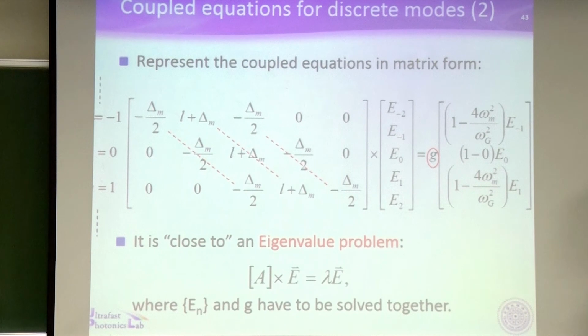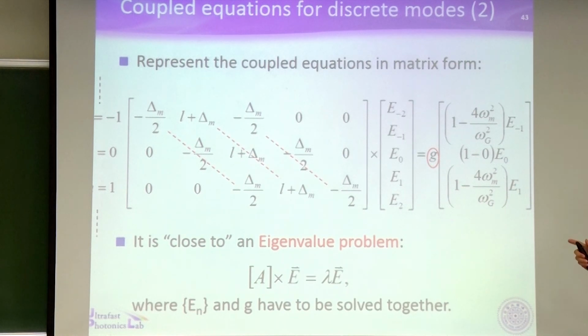But according to linear algebra, you can roughly identify it is close to an eigenvalue problem, right? You have a given matrix times an eigenvector equals an eigenvalue, which is a number, times the eigenvector itself. So this is your given matrix, eigenvector, eigenvalue, eigenvector.